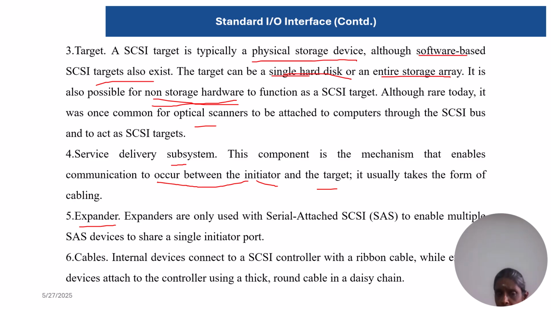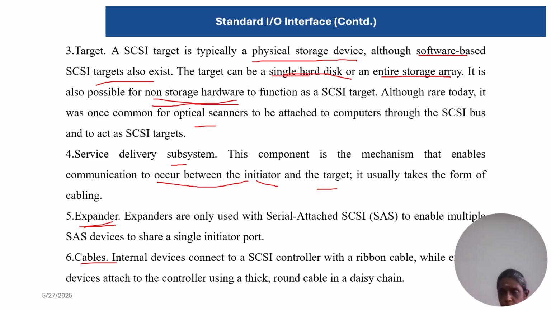Expanders are only used with serial attached SCSI, in short SAS, to enable multiple SAS targets to share a single initiator port. So one initiator, multiple targets. For that purpose, this expander will be used.